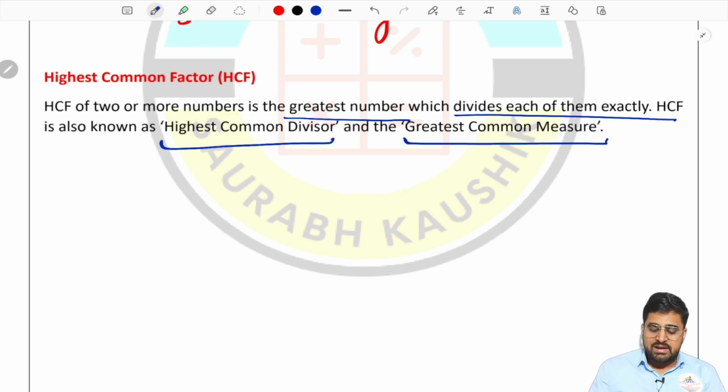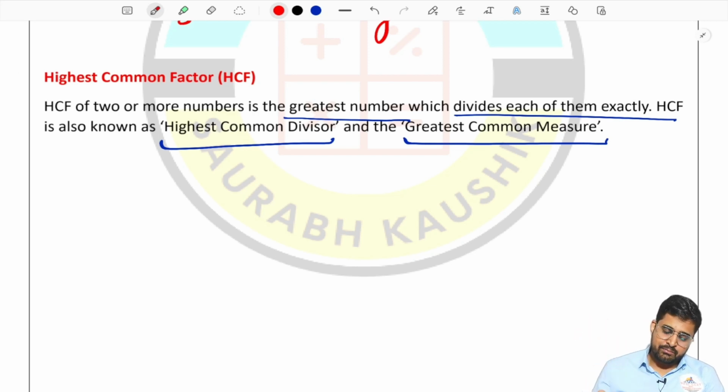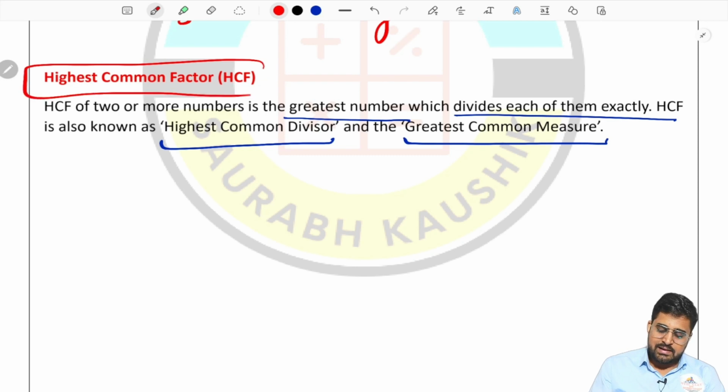Please remember the basic terminologies. These terminologies can be used in your examination and you get puzzled when they are used. You will think, okay, I do not have any idea about the question, let's leave it. But basically they are asking about the highest common factor only.